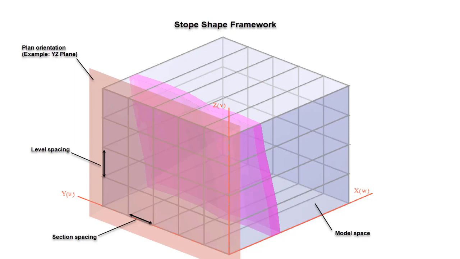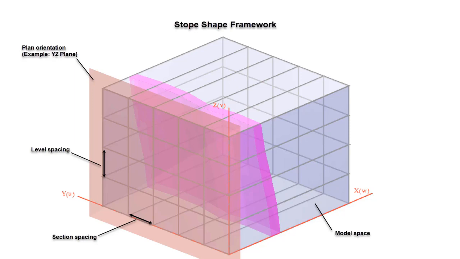The section plane, in this case it's a YZ plane. The section plane, whether it's vertical, horizontal or rotated, is dictated by the ore body orientation. For this example, it's pretty much a north-south striking ore body, so the plane orientation is also north-south vertical plane.